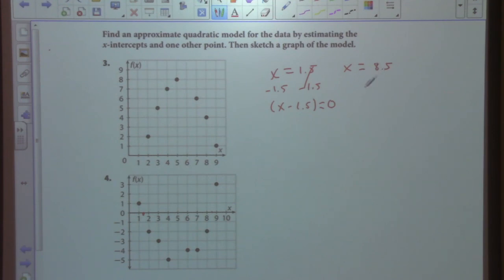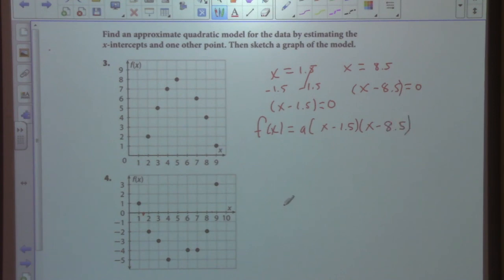X minus 8.5 is equal to 0. So now we'd have f of x is equal to a times x minus 1.5 times x minus 8.5.